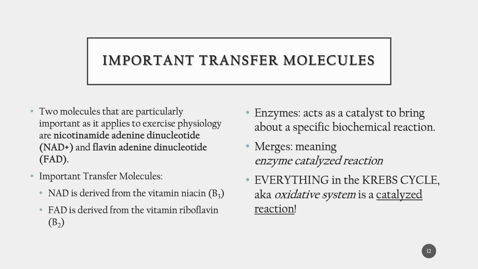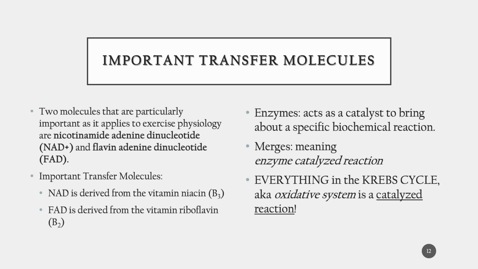These are transfer molecules. They are B vitamins. B as in boy, vitamins provide us with energy. But NAD and FAD are not actual energy. They are the potential of energy. Okay, so we can utilize it for a later time.